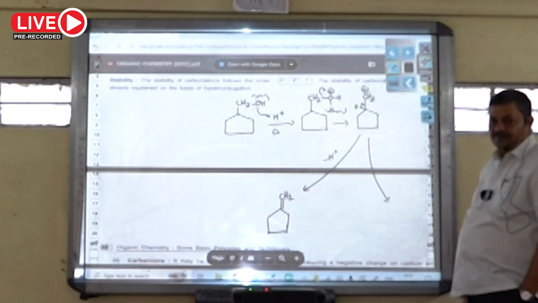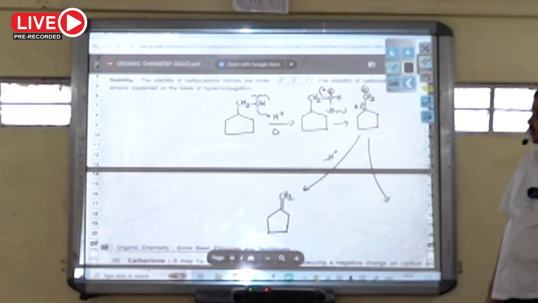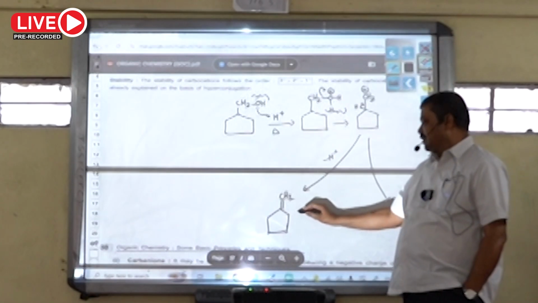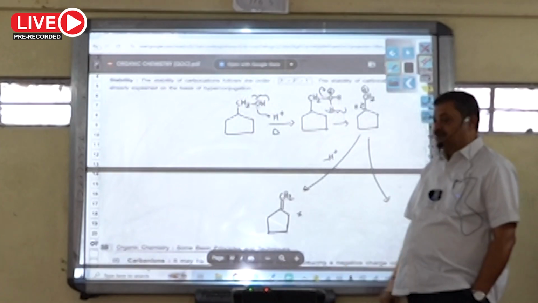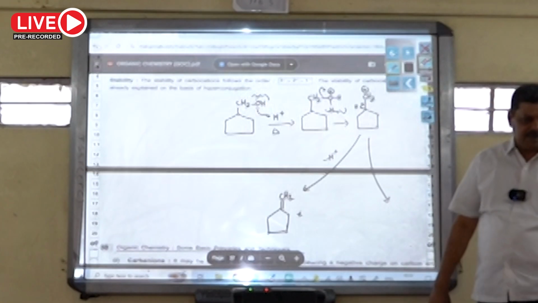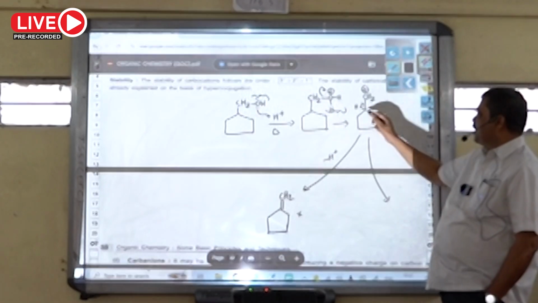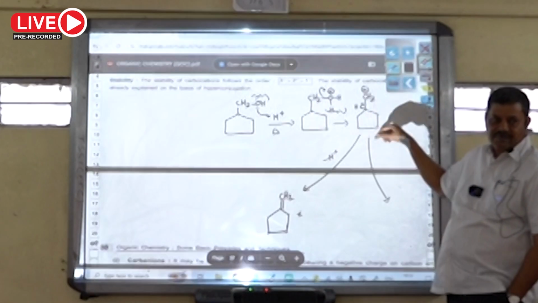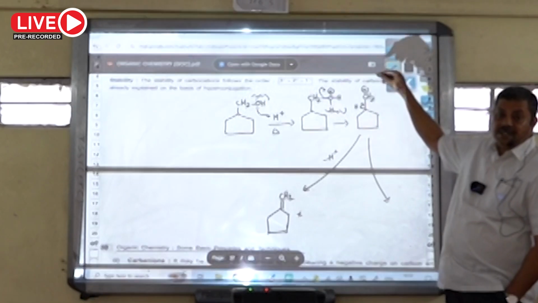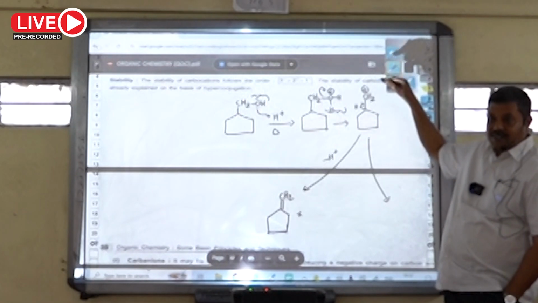This is one possibility, but this is very minor. A small product is formed. Second, now it is actually a 5-membered ring connected to CH2 plus.